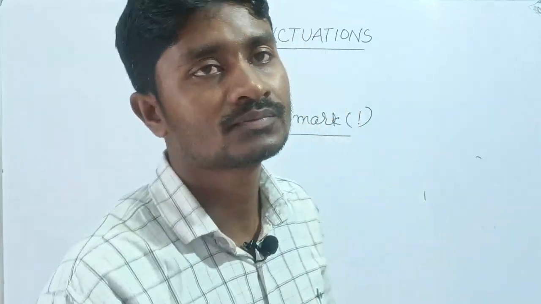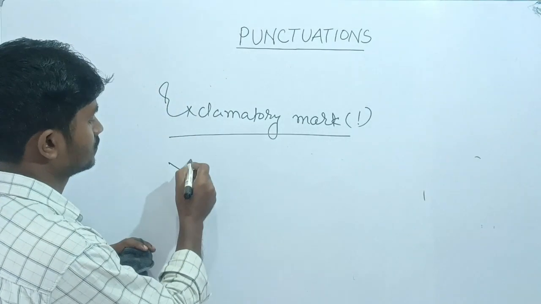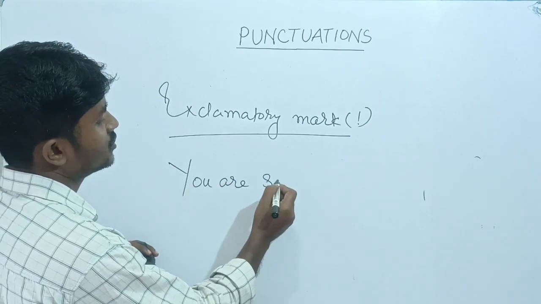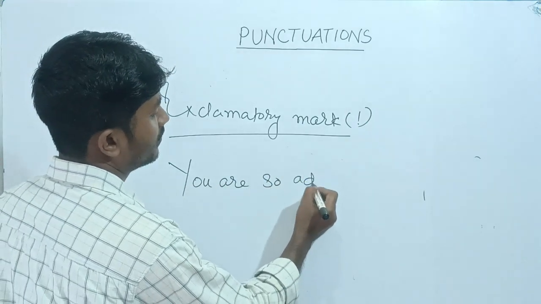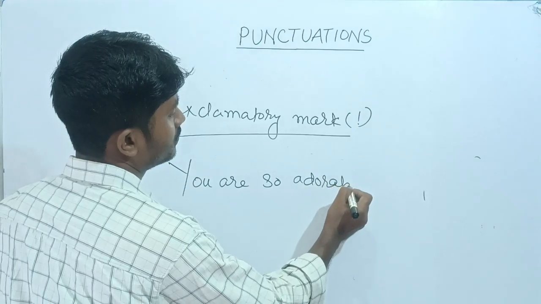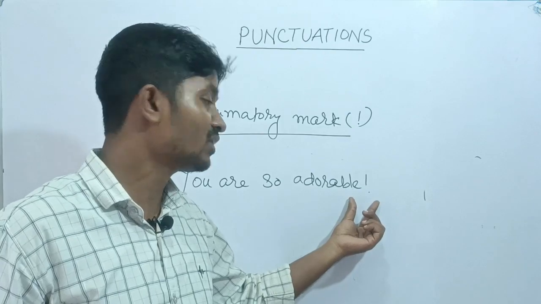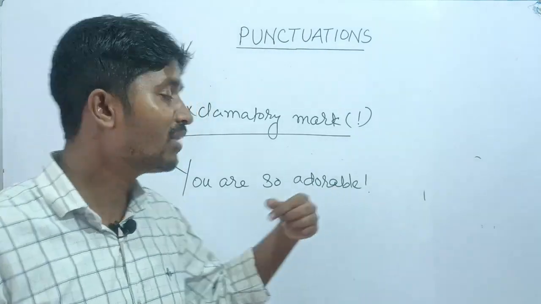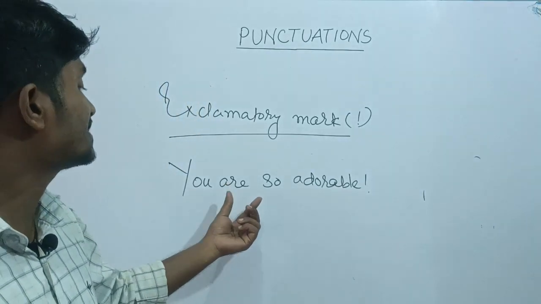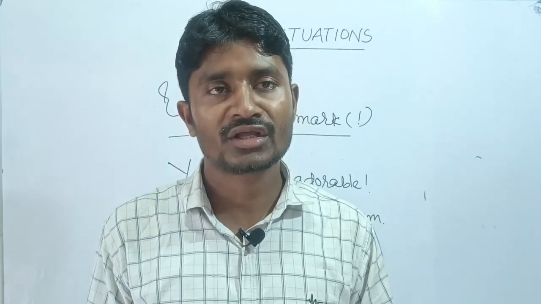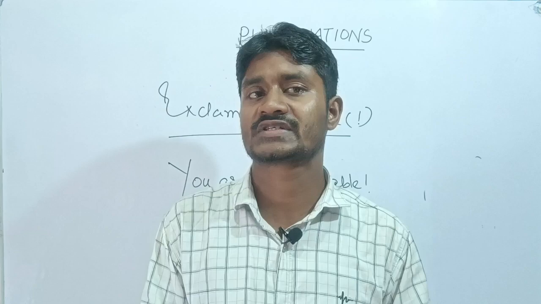For example, you are so adorable! Here you can see we use an exclamation mark, because this is a strong feeling of someone's heart. For another example, how dare you say that!